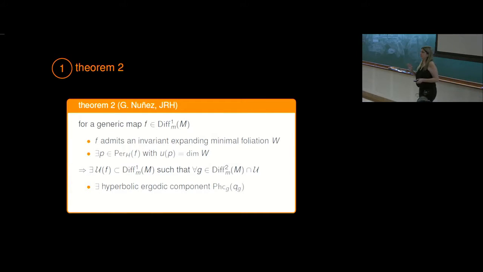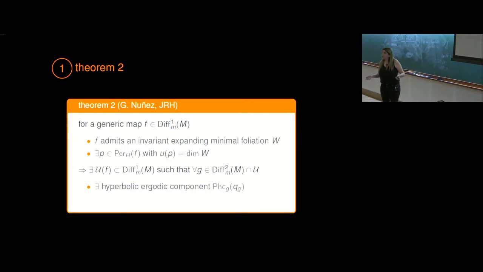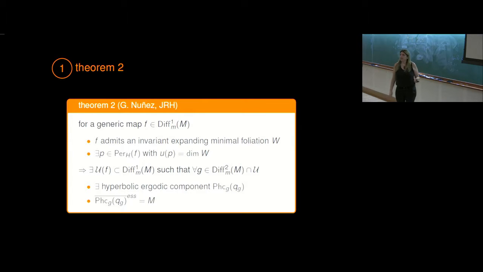I will explain in a minute what this is, which is not all. If it were all, we would have stable ergodicity. It's not all, but it is essentially dense. I will explain shortly what is essentially dense and what is a hyperbolic ergodic component.